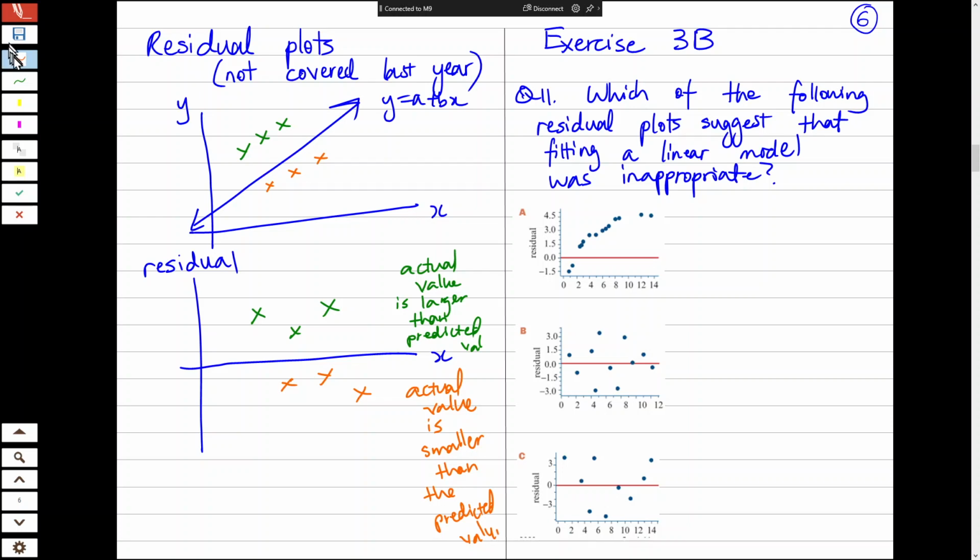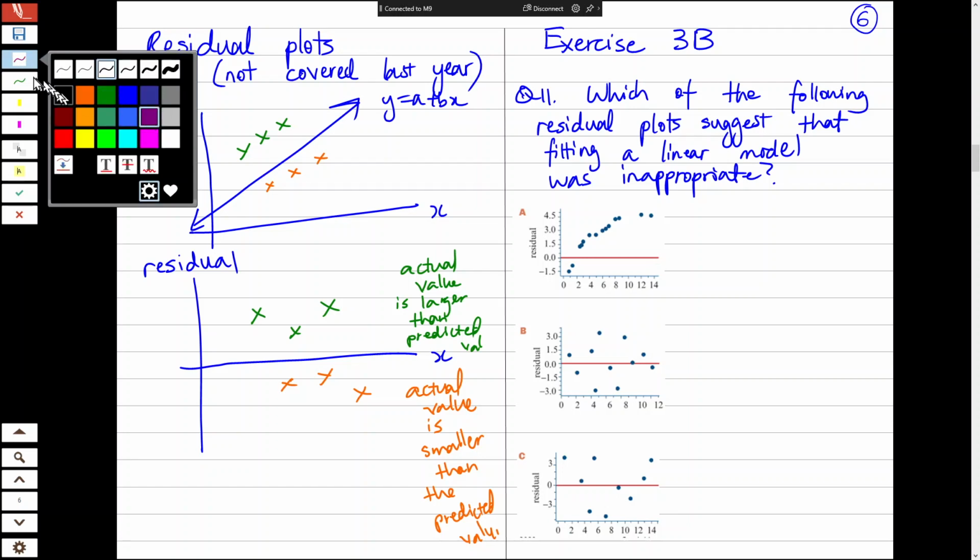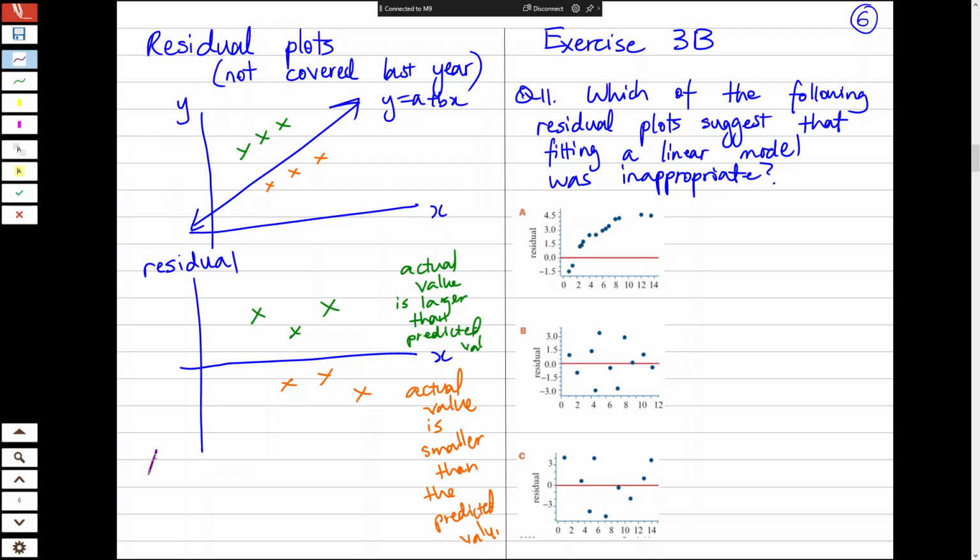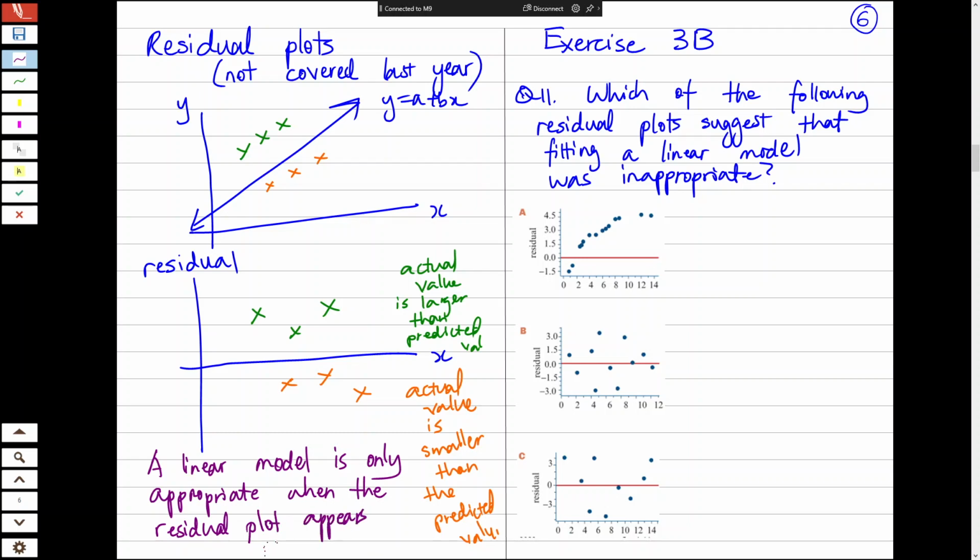So you'll want to write this down. A linear model is only appropriate when the residual plot appears random or no clear pattern.